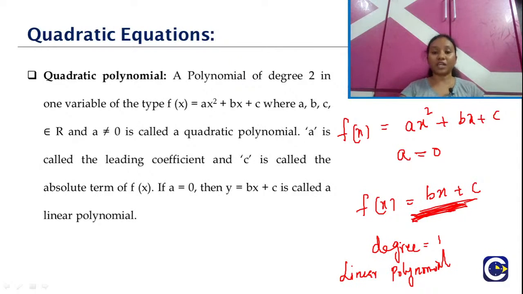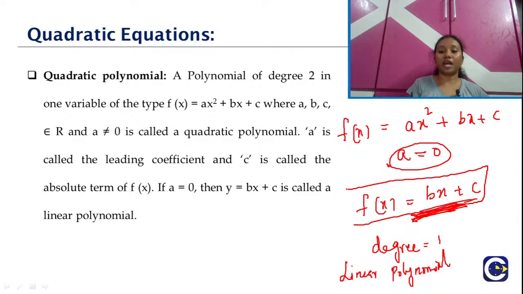If it becomes 0, the degree reduces, and the polynomial becomes another type of polynomial. As the leading coefficient a turns out to be 0, our polynomial has turned into a linear polynomial. So this is the quick discussion about our quadratic polynomial.